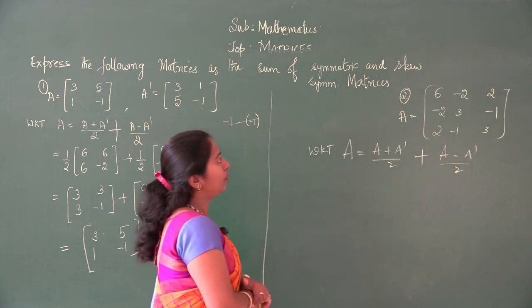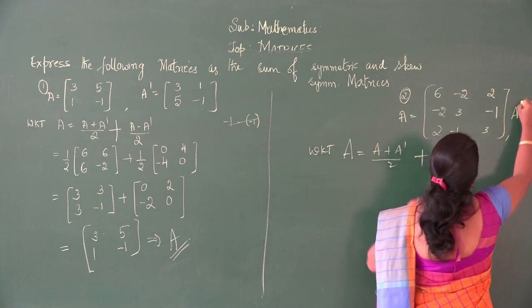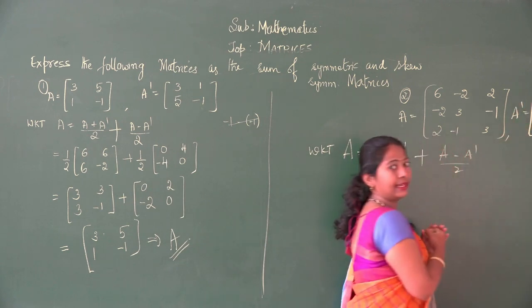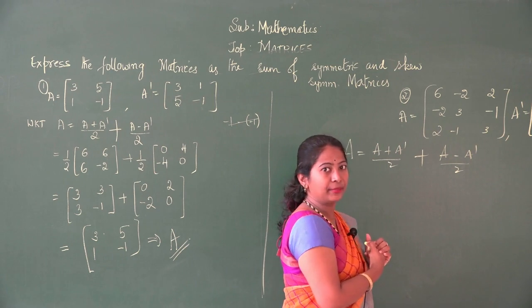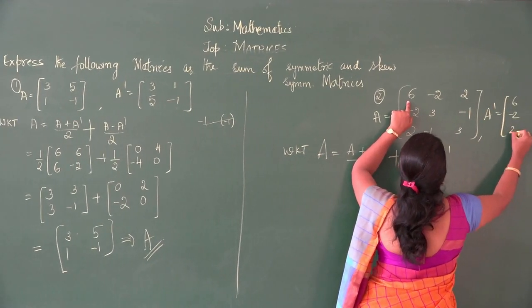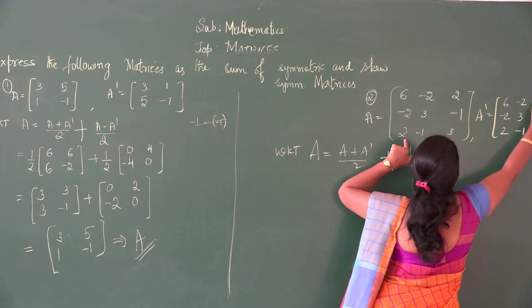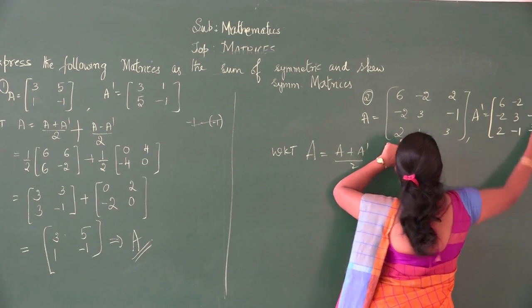If A is equal to this, what will be A dash? A dash can be written as 6 minus 2, 2, minus 2, 3, minus 1, 2, minus 1 and 3.